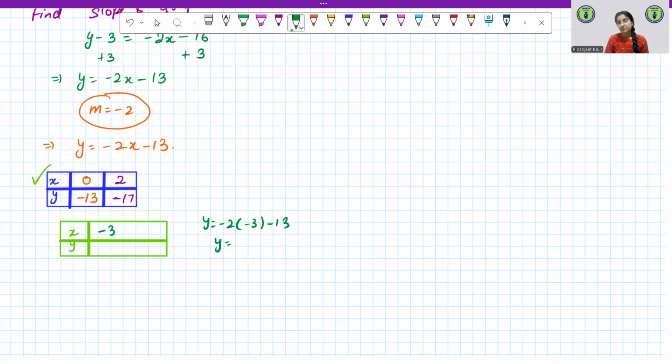Negative 7. Okay, negative 7. Now let's take another value, negative 4. So y is equal to negative 2 times negative 4 minus 13. What does that give us?